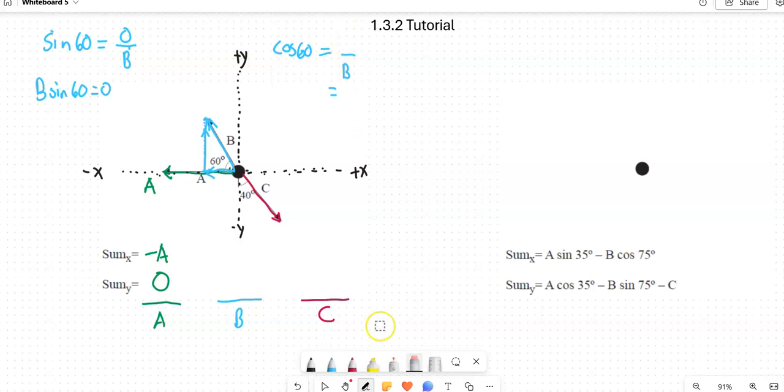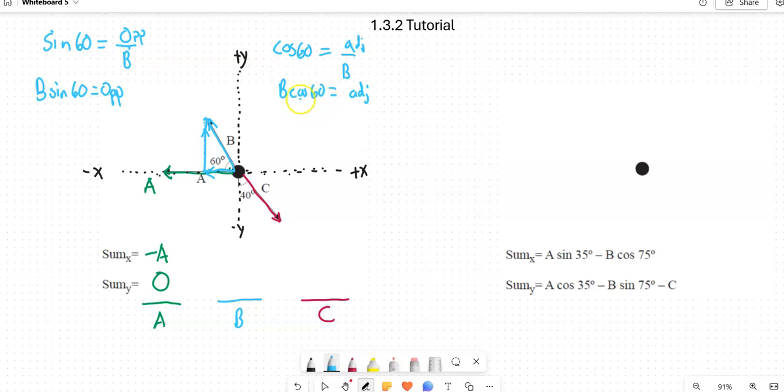This is the side A. So this is the adjacent side, and this is the opposite side. So we multiply both sides by B. So this is going to be B cosine of 60 degrees. Okay, so we have those two things.